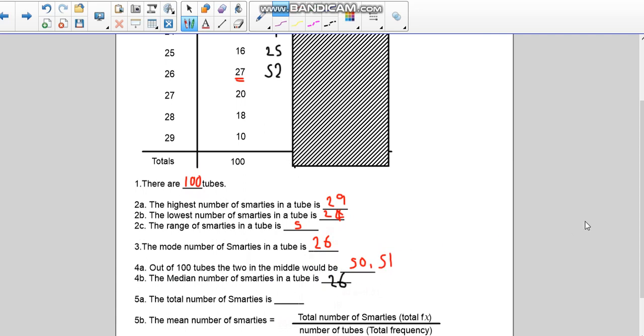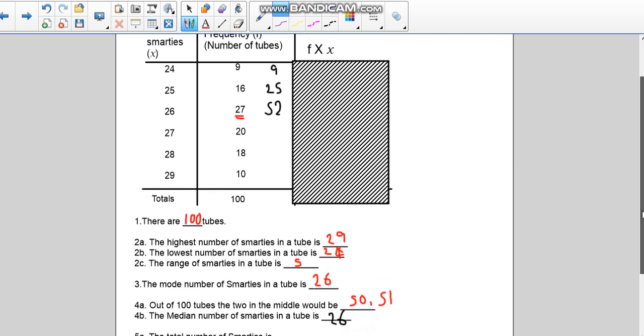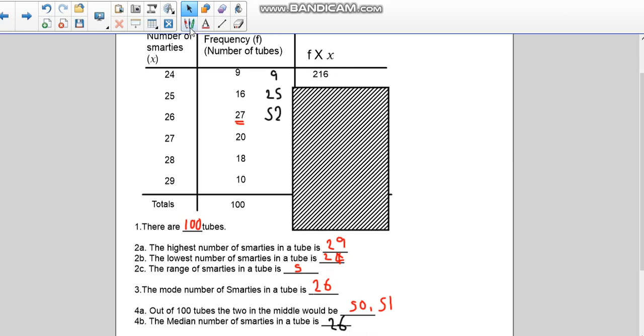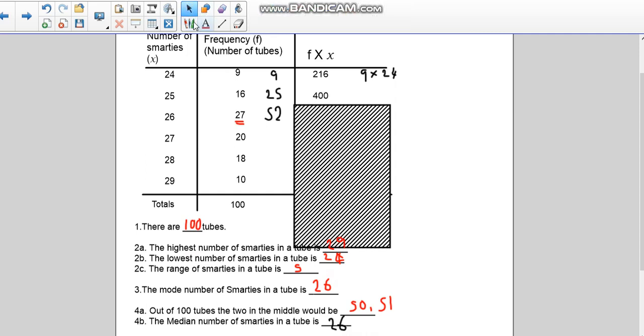Right, so then we're going to get to the mean, and I need to work out the total number of Smarties. First of all, I know I've got 9 tubes with 24 Smarties in. If I tipped all those tubes out, how many Smarties would I have altogether? Well, I'd have 9 lots of 24, which is 216. Let's just write that to the side. If I tip the next tubes out, I've got 16 tubes with 25 in, so I would have a total of 400 Smarties, because that's 16 times 25.